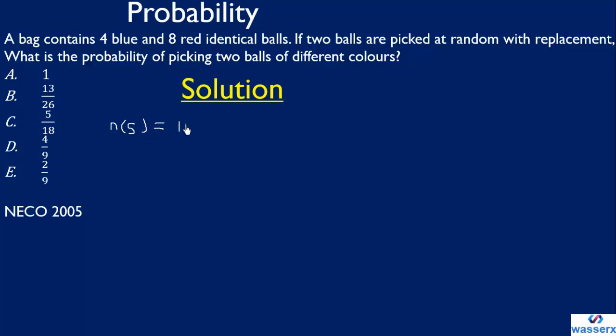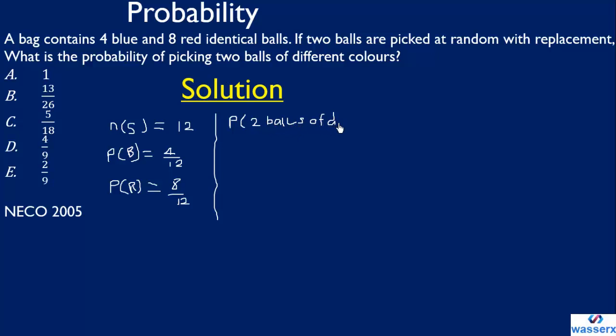So you have the total number of balls to be equal to 12. So the probability of picking a blue ball is equal to 4/12, and the probability of picking a red ball is equal to 8/12.